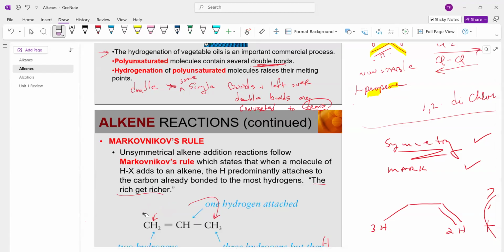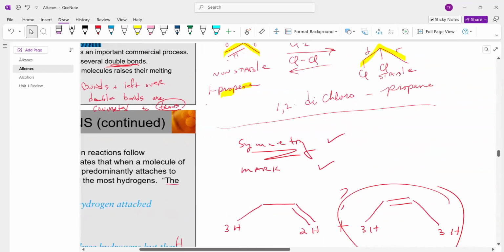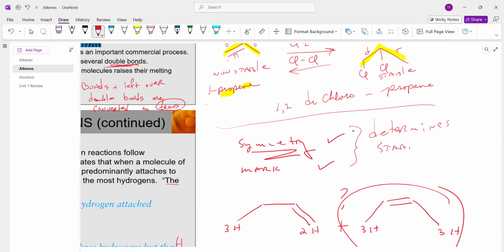In organic chemistry, symmetry and this Markovnikov rule comes into play when we're determining stability. So what do I mean by symmetry?